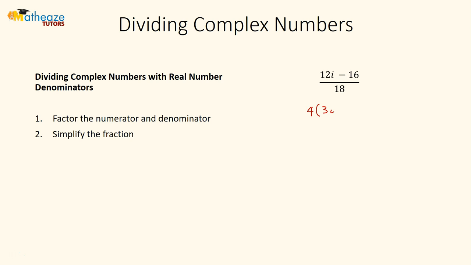This is 3i minus 4, and we divide this by 18. So we have a factor of 2, 9. So this is going to give us 2 times 3i minus 4 over 9, which we can also distribute as 6i minus 8 over 9.